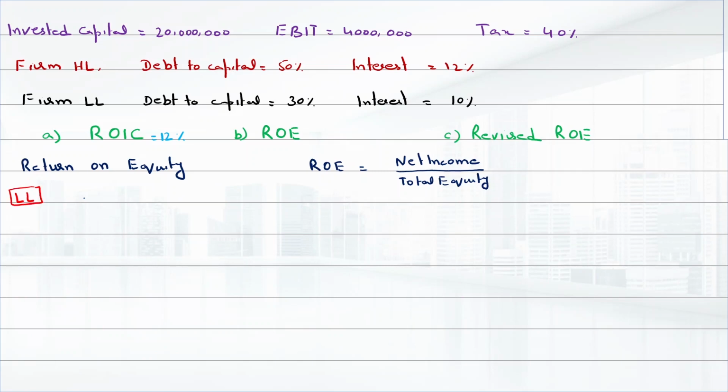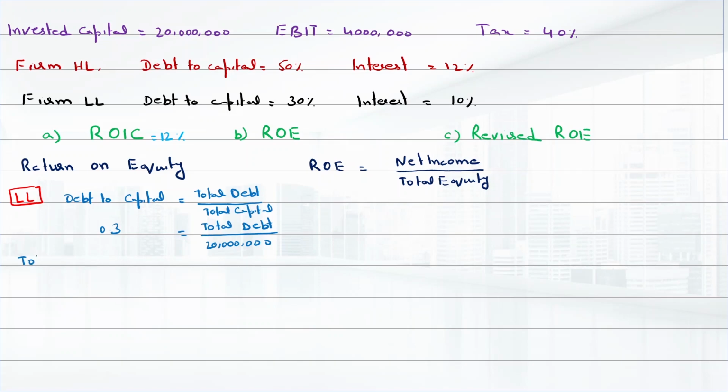Firstly, by using the debt to capital ratio, we will find the total debt, and debt to capital is equal to total debt divided by total capital. That will be debt to capital 30%, 0.3, total debt that we have to find divided by total capital 20 million.